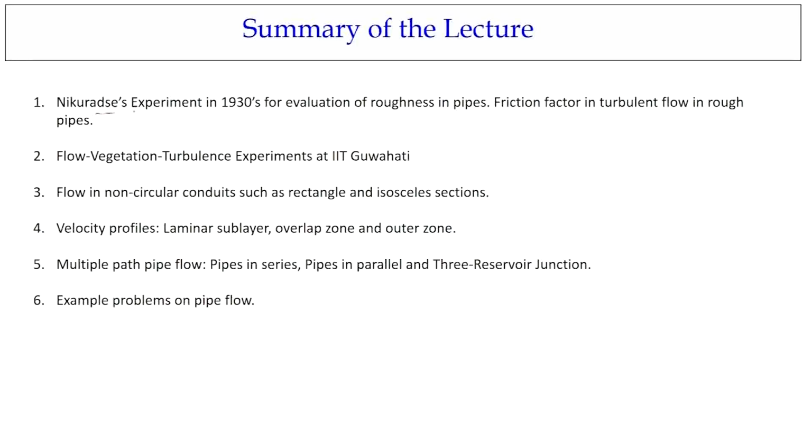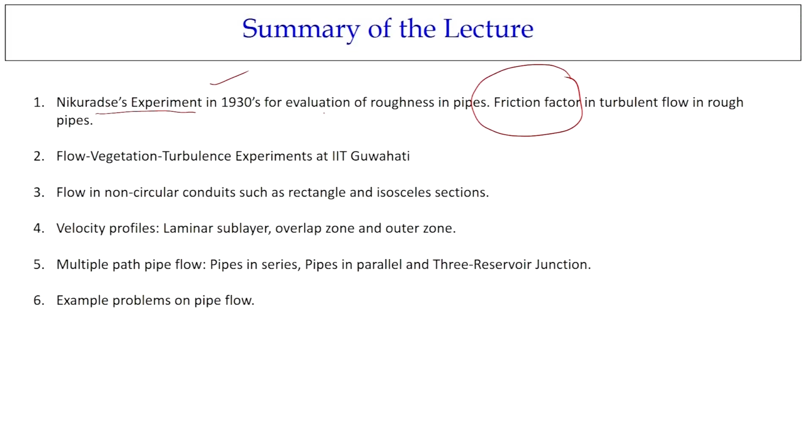Starting from the 1930s, Nikuradse's experiment, one of the finest experiments conducted way back in the 1930s, gave us a very complex problem like turbulent flow in rough pipes and the equivalent energy losses in terms of friction factors, and established the relations.